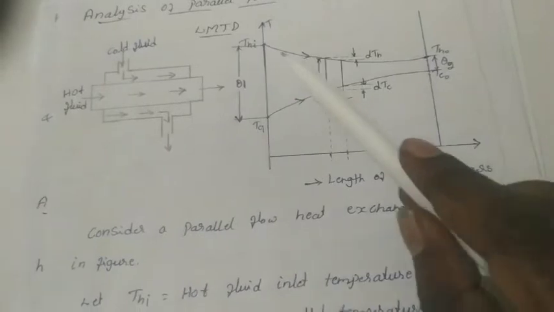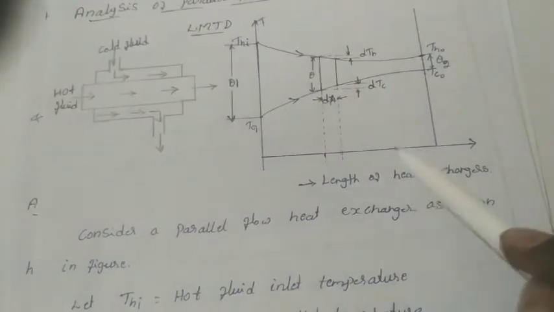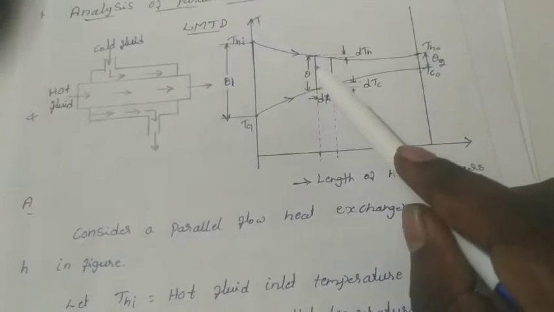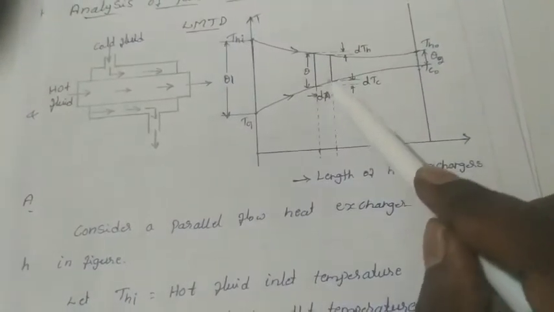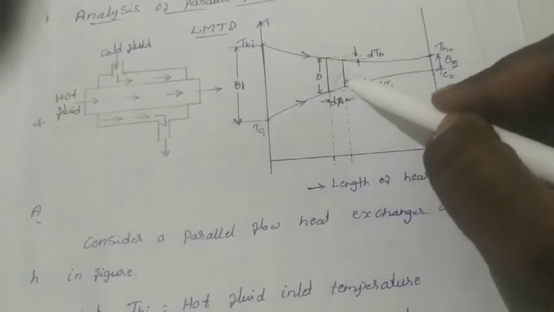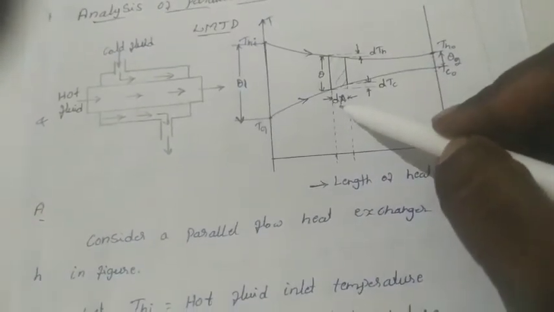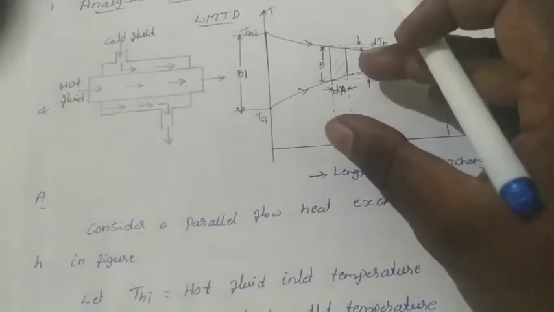Now let us consider, within the overall length of the heat exchanger, a small elemental area dA. Within that dA, theta is the temperature difference for the small element.